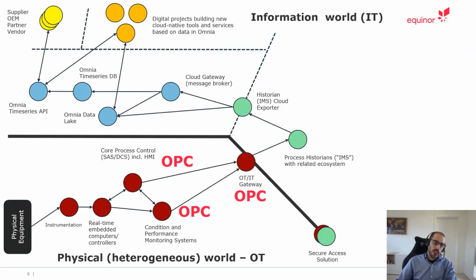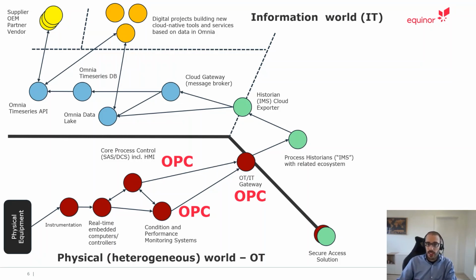So here we have a drawing which shows us the heterogeneous versus the information world, so OT and IT. We can start with the physical equipment on the bottom here. The physical equipment has a real-time embedded computer controller, which is sending out information to core process control, so SAS, a drilling control system, which has its own HMI.